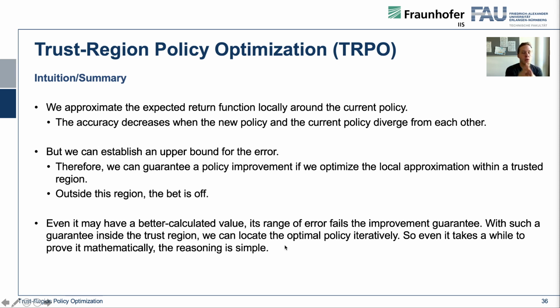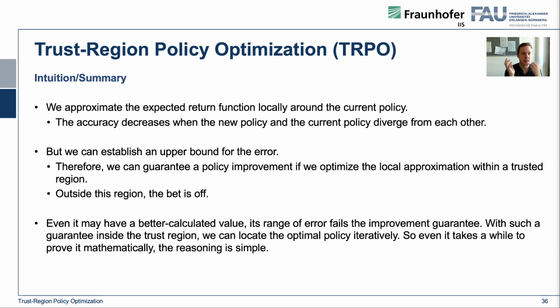TRPO is a very theoretical algorithm, but what's the intuition or the summary of TRPO in the end? The idea of TRPO is that we approximate the expected return using a much easier local approximation around our current policy. The assumption is that the accuracy of this local approximation decreases when the new policy and the current policy diverge from each other too much.